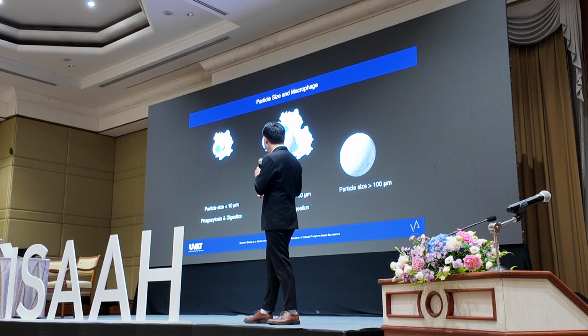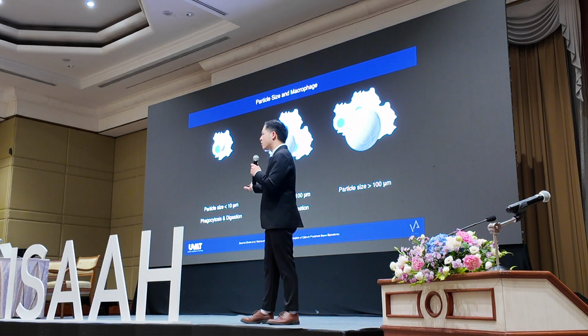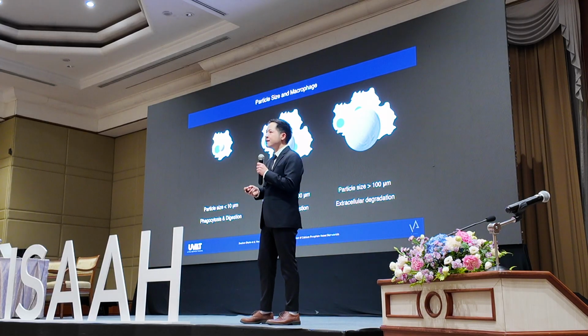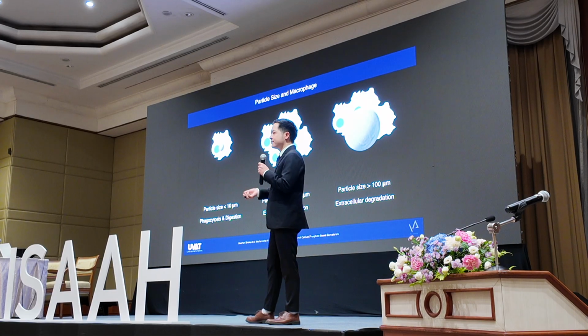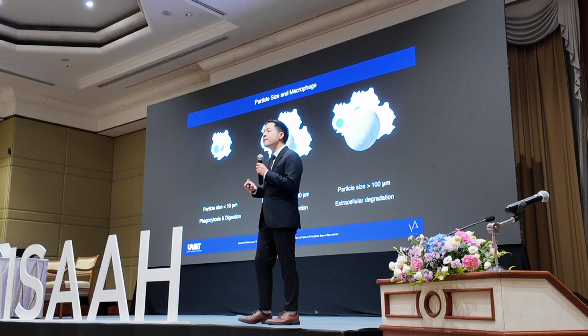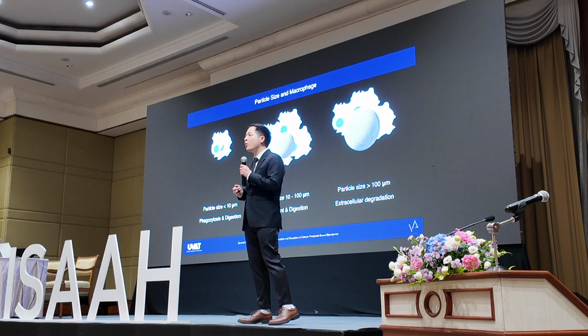Okay? But how about more than 100? Even though the macrophage comes to phagocytose, it cannot phagocytose it all. It will leave the particle in place and induce chronic inflammation for more than 6 months. So this is why it causes the granuloma.